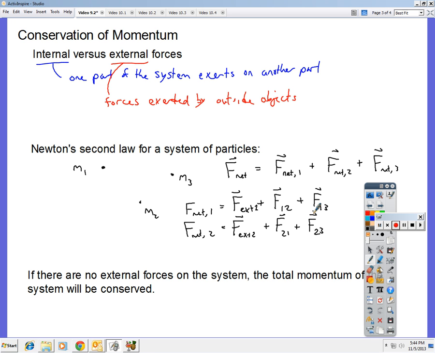And what we'll find is that when we add these up, F12 and F21, by Newton's third law, are equal and opposite. And that means that all of the internal forces will cancel out of the sum.